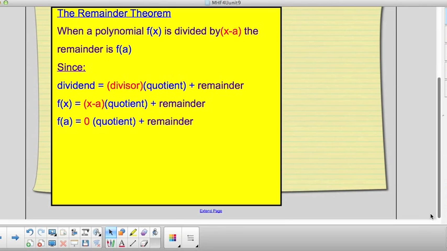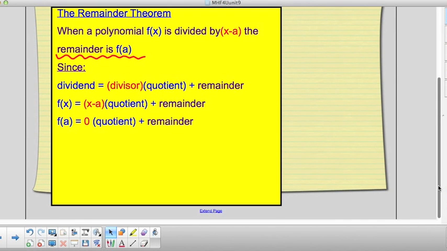F of x translates to your x minus a multiplied by your quotient, where f of a represents your remainder.